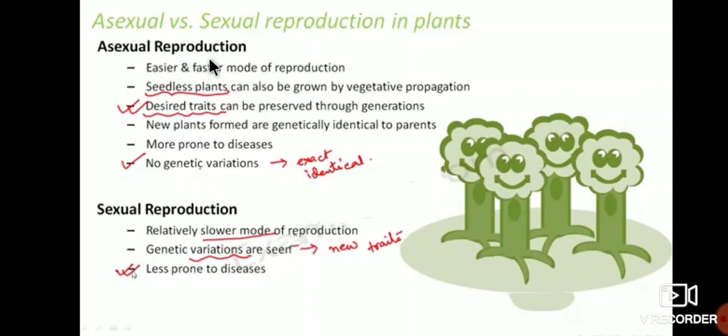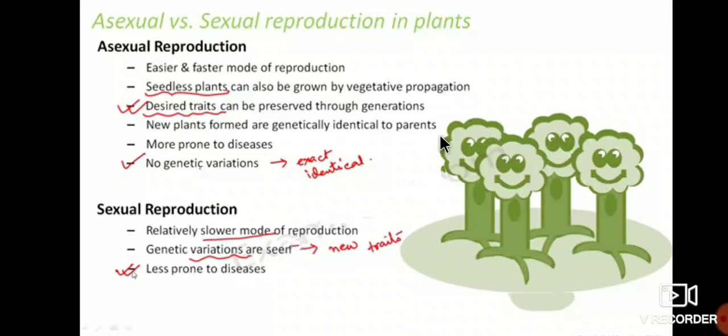With the help of asexual reproduction, seedless plants can also be grown by vegetative propagation. Desired traits can be preserved through generations. For the next generation also, desired characteristics will be preserved. And the new plants formed are genetically identical to the parents.